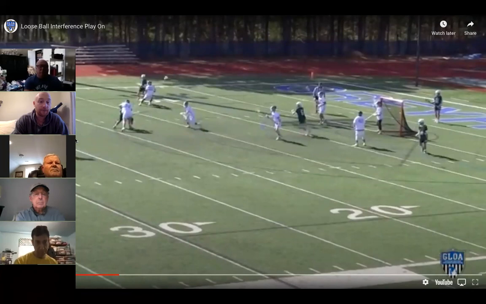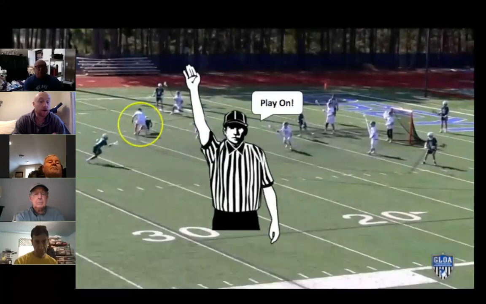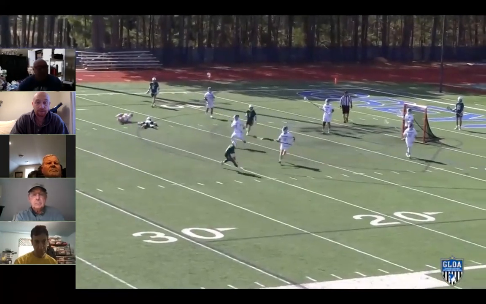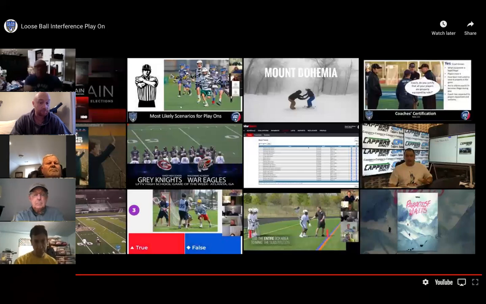While the ball is being passed, this occurs. White player interferes with this green player. Play on because the ball was in the middle of a pass. Picks up the ball. Play on's now over.